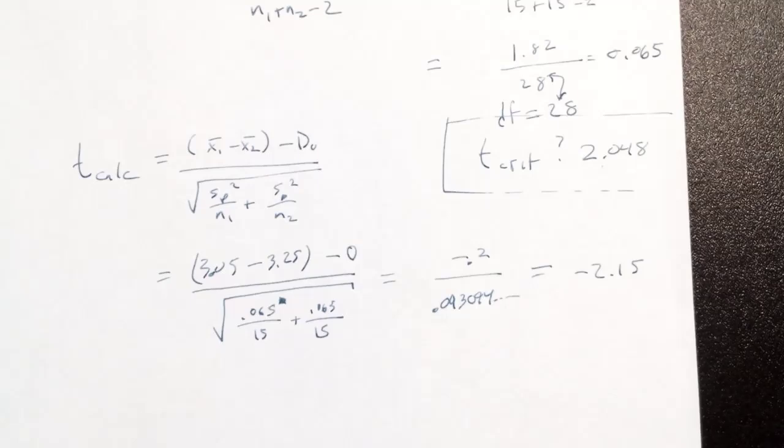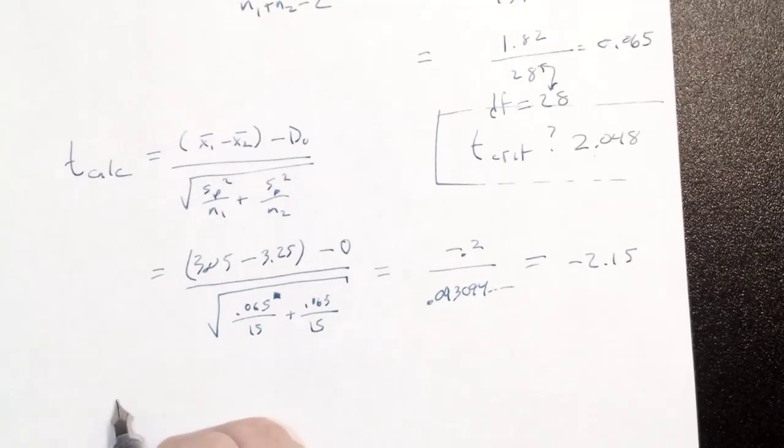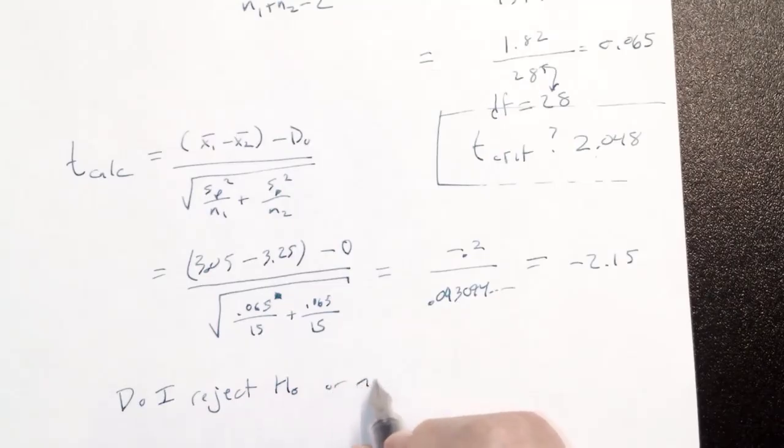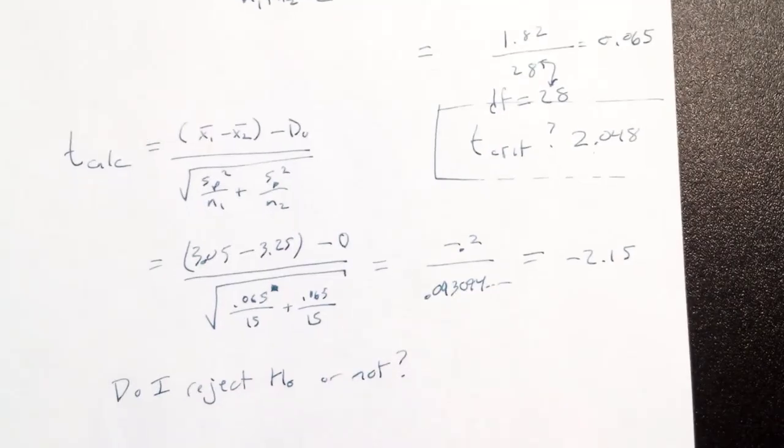Do I reject or not? There's something I need to do to my calculated t-value to figure out whether or not I should reject.